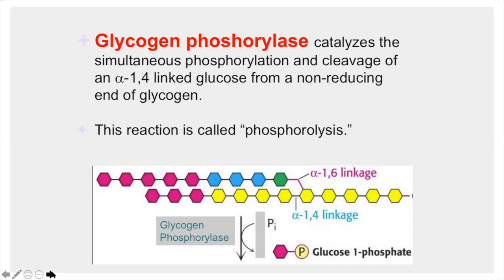So, starting material mo is glycogen stored in the liver. Branching, again, it's alpha 1,4 and alpha 1,6 because you have different branching, and enzymes are specific, meaning that you will use different enzymes. So we'll start with glycogen phosphorylase. What it does is it catalyzes the phosphorylation of the alpha 1,4 linked glucose at the non-reducing end.